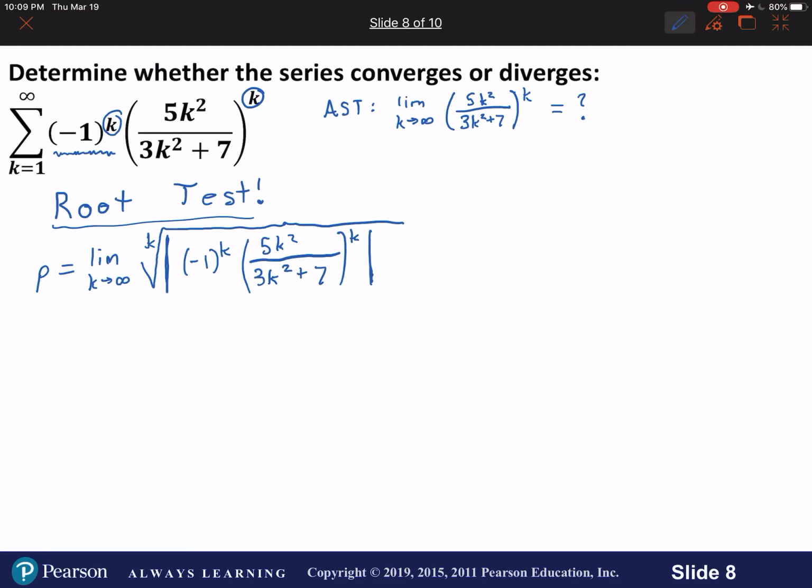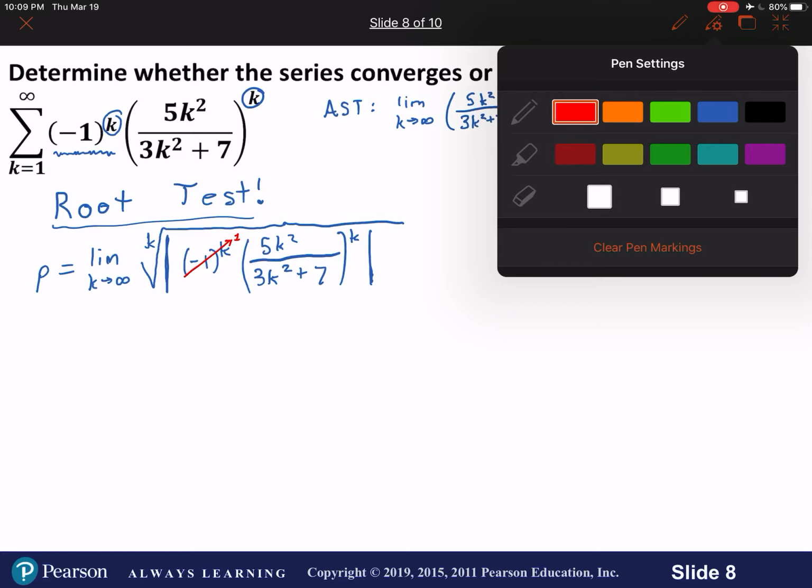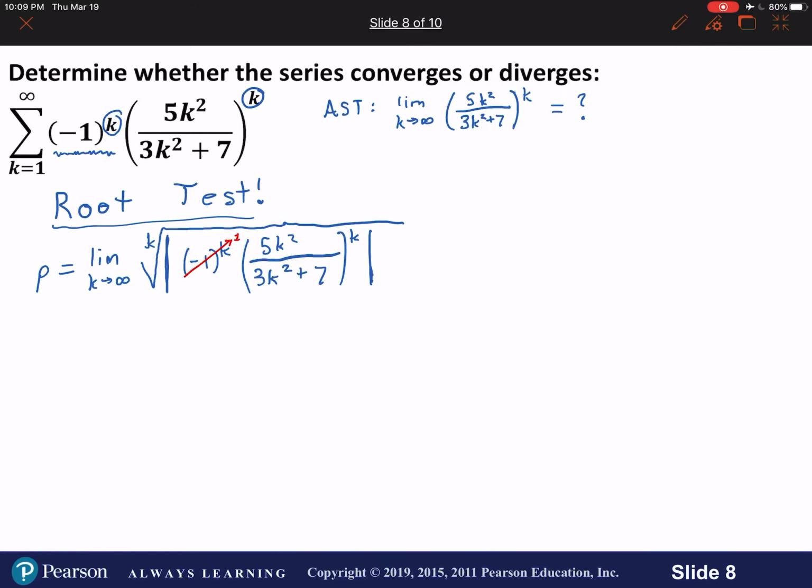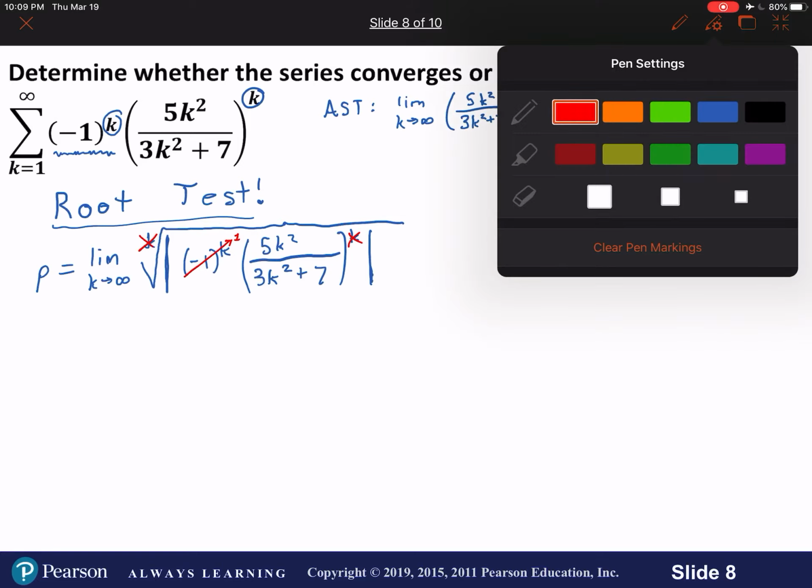So one thing you might notice is that this negative 1 to the k disappears because we are inside of an absolute value. So the absolute value of negative 1 to the k is just 1. And then also, we have a kth root and a kth power, and so those will cancel out as well.